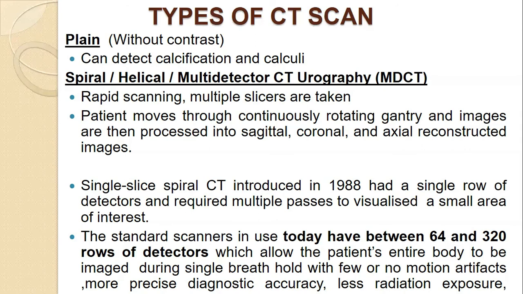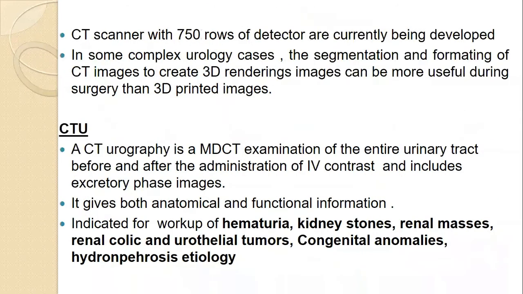The standard scanner today has 64 and 320 rows of detectors, which allow the patient's entire body to be imaged during a single breath hold with few motion artifacts, more precise diagnostic accuracy, and less radiation exposure. Currently 750-row detectors are being developed. We don't have it in Pakistan.